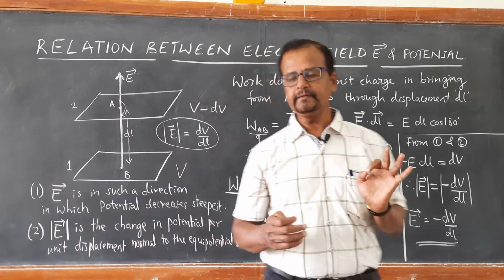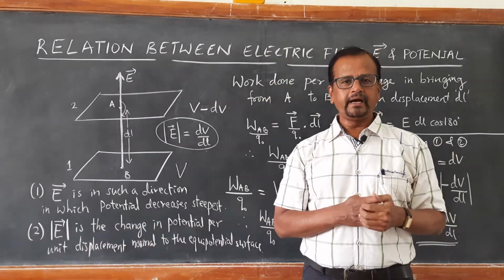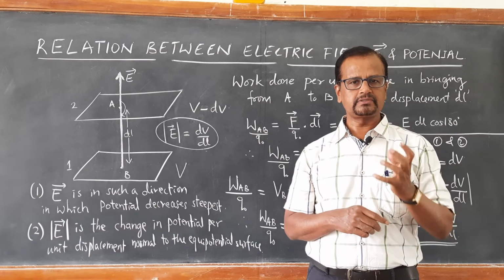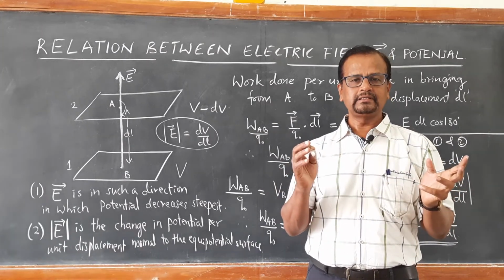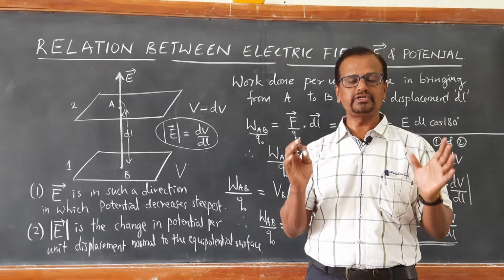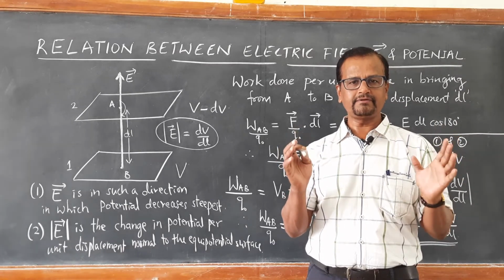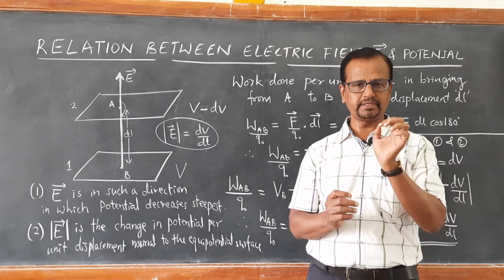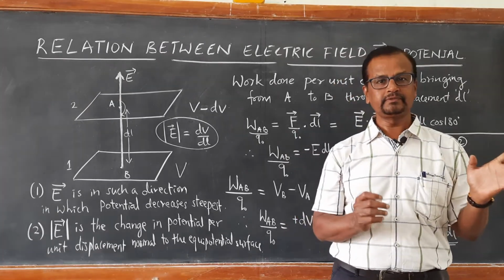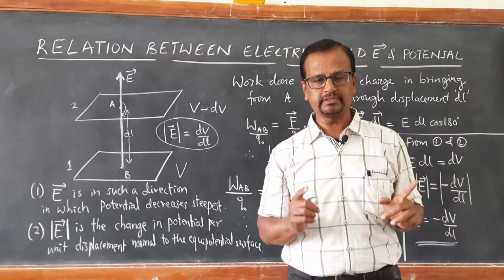This is the relation between electric field and potential difference. So in simple terms, electric field is defined as negative potential gradient, rate of change of potential with respect to displacement, with respect to length, normal to equipotential surface.